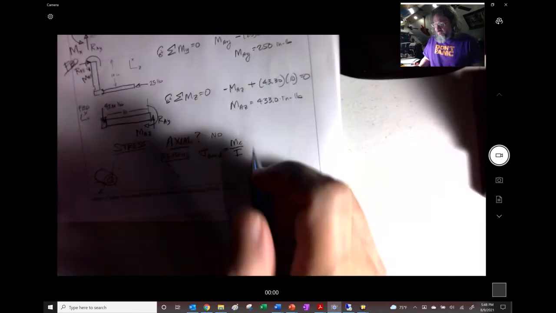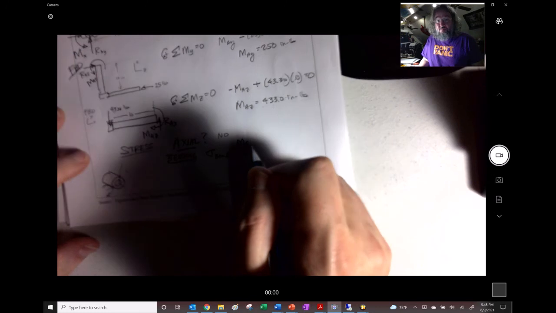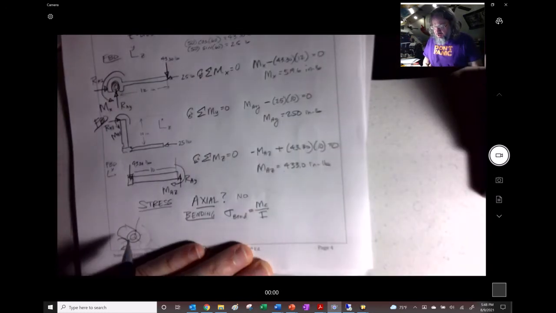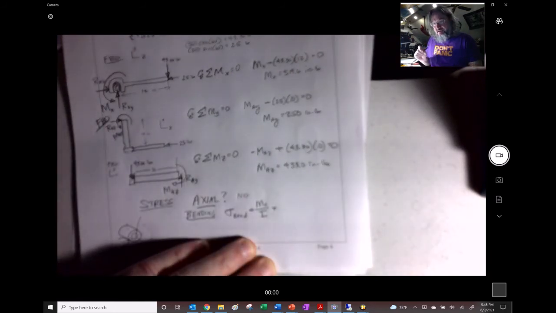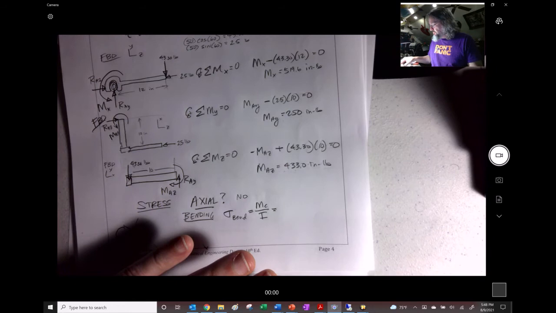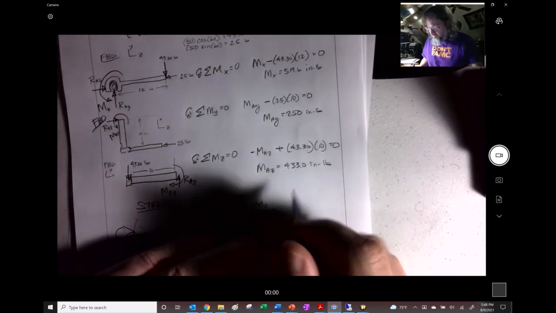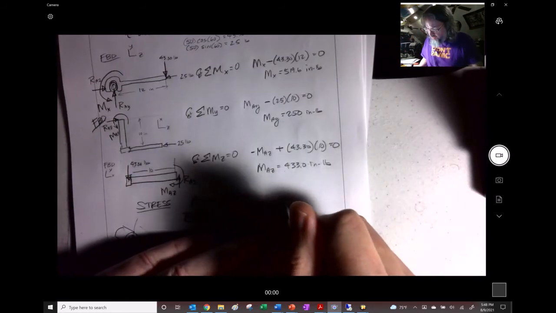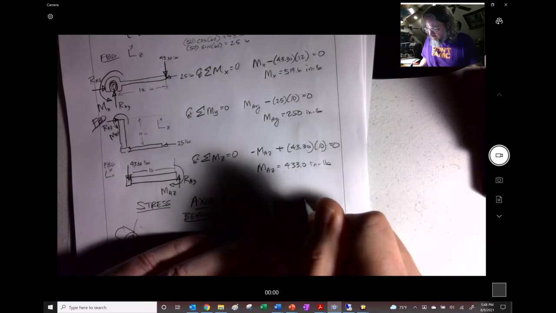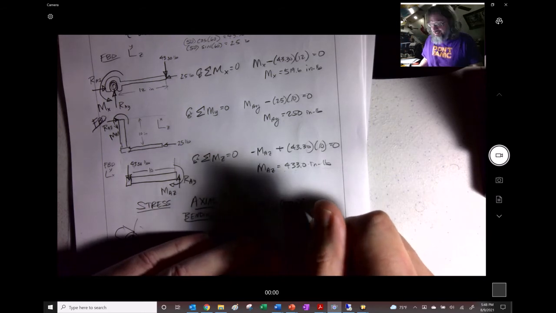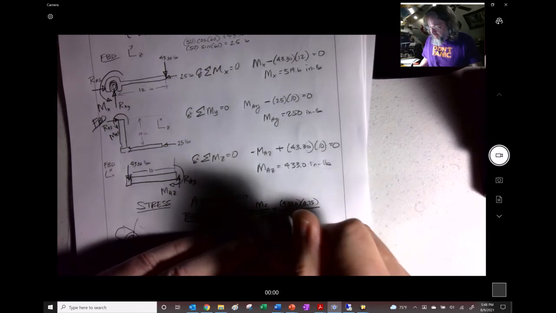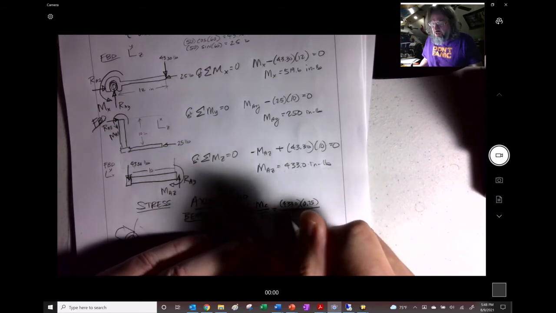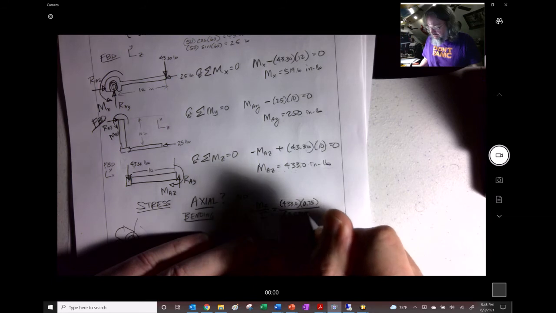Another thing we have to be careful of: we might want to write this as M y over I, because the actual fiber we're evaluating is not on the outside, it's on the inside of the pipe. So the moment is 433.0, and C in this case is the inside radius, 0.75, divided by our I, which we were given, 0.5369.